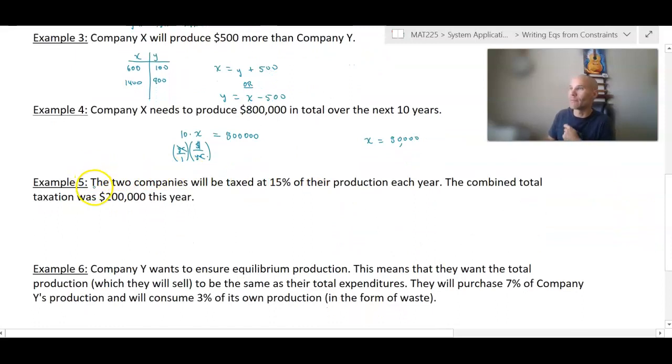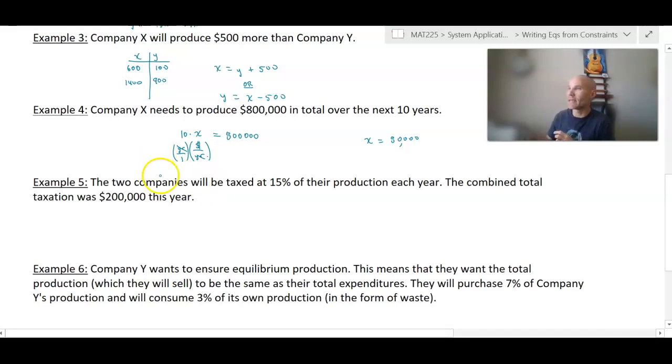Okay, two more examples. Building upon this notion of how do we take information and convert it into equations. The two companies will be taxed at 15% of their production each year. The combined total taxation was $20,000 this year. All right, interesting.